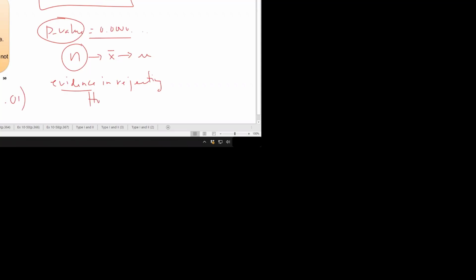So that begs the question, what is a good level of alpha? Is 0.1 a good level of alpha, or 0.01?